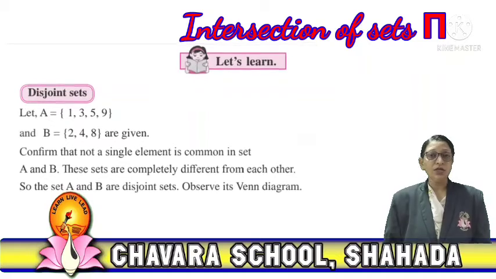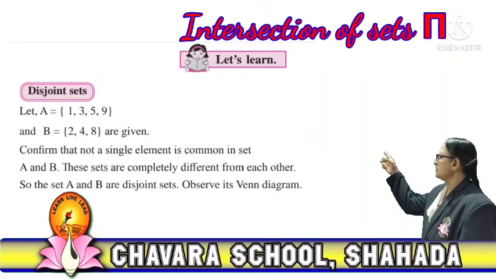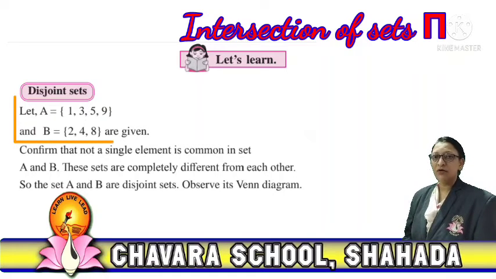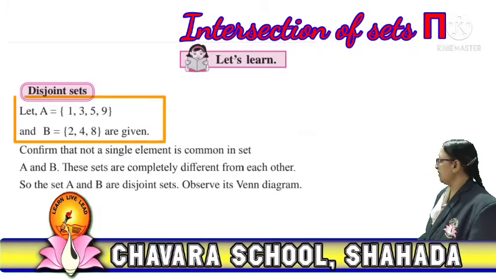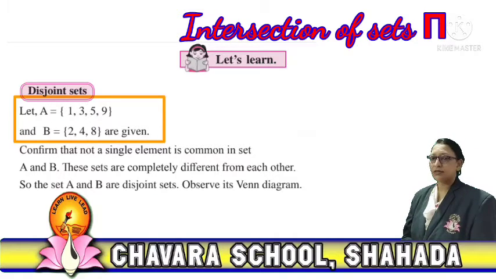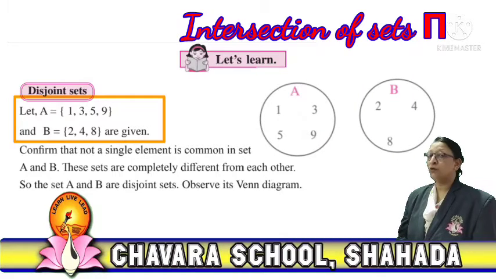Here we learn disjoint sets. Let's see, set A is the set {1, 3, 5, 9} and B is the set {2, 4, 8}. Let us draw a Venn diagram.